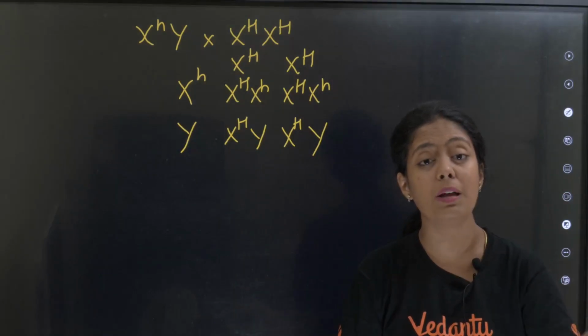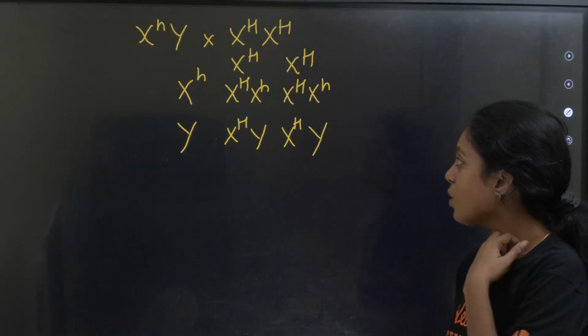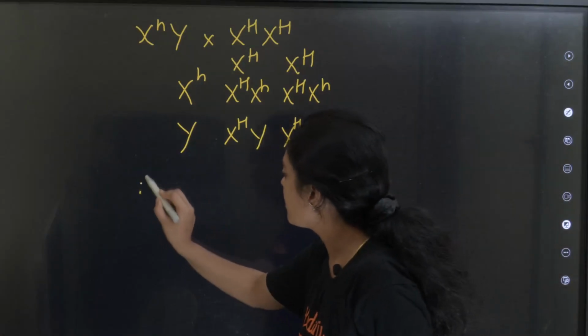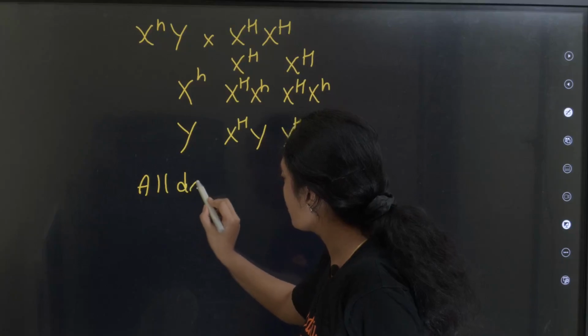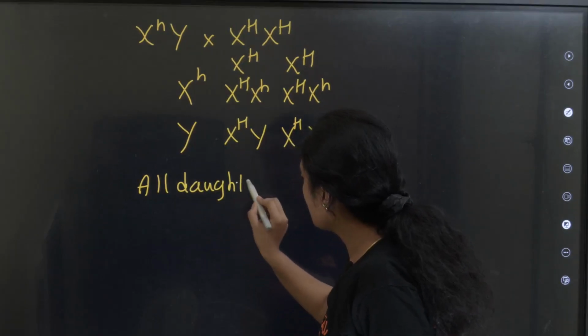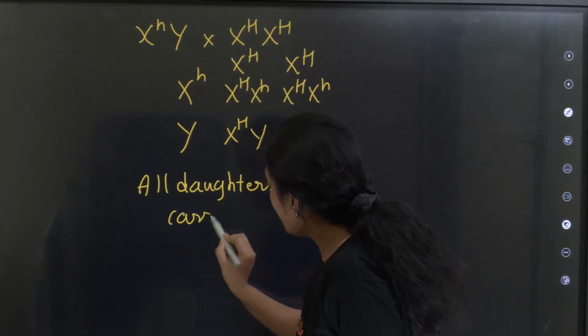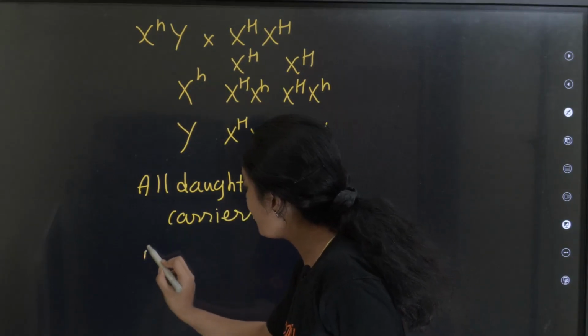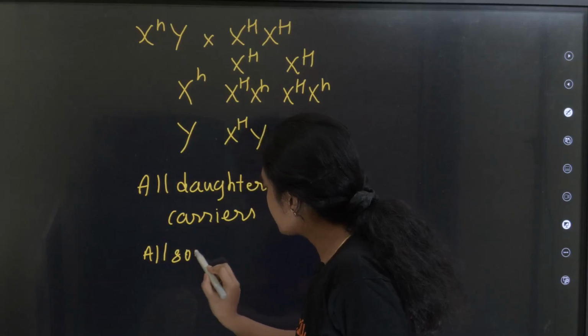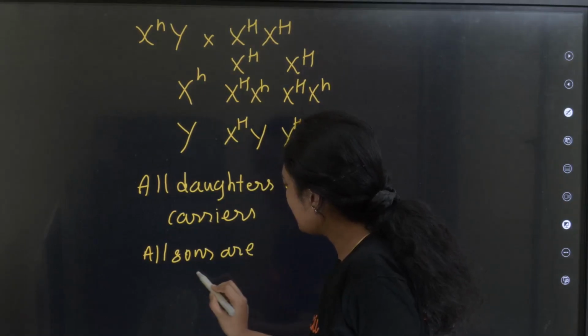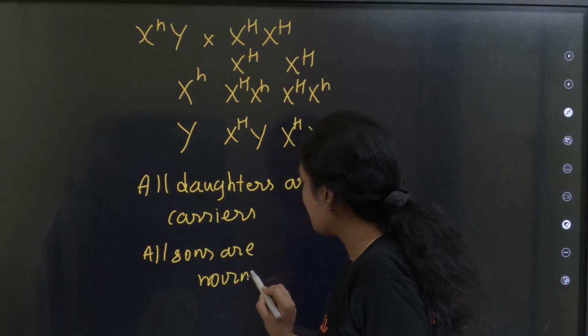So the daughters will become carriers. இது வந்து ரொம்ப clear-ஆ புரிஞ்சுக்கணும். All daughters are carriers, and all sons are normal. The same pattern applies to color blindness also.